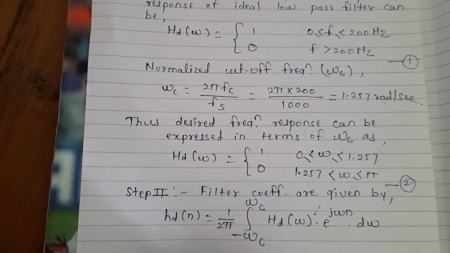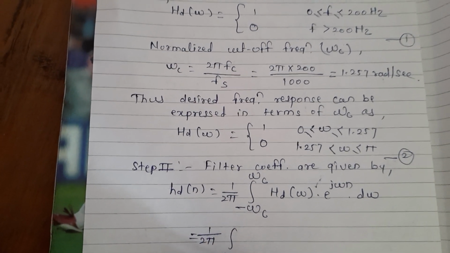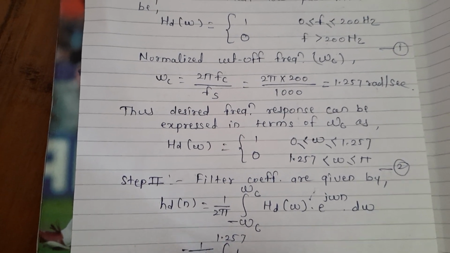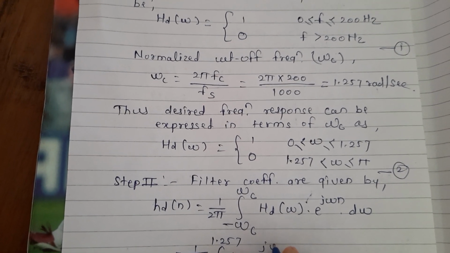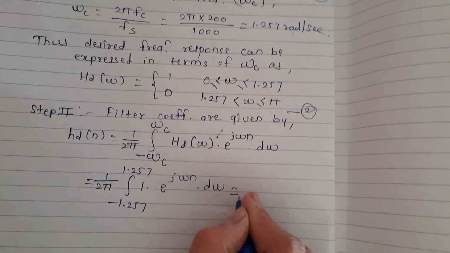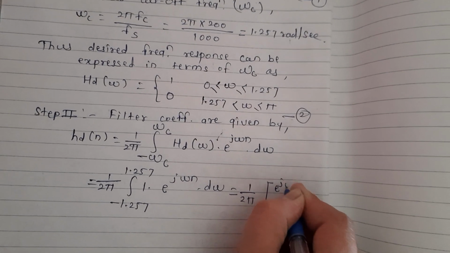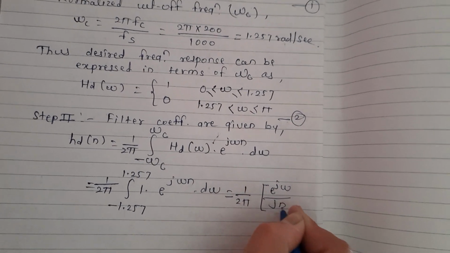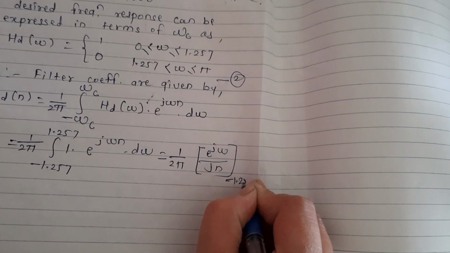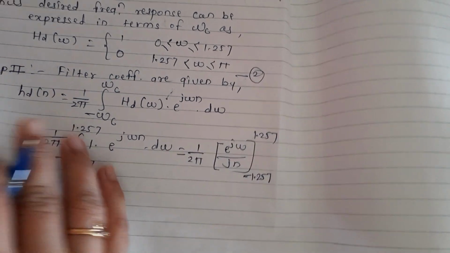So it is 1 by 2 pi integral from minus 1.257 to 1.257 of 1 into e raised to j omega n d omega. Now the integration value is from minus 1.257 to 1.257.